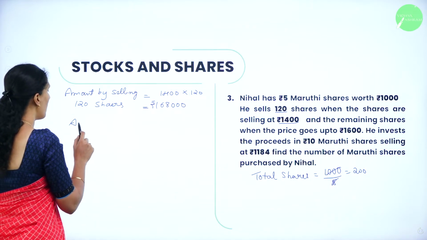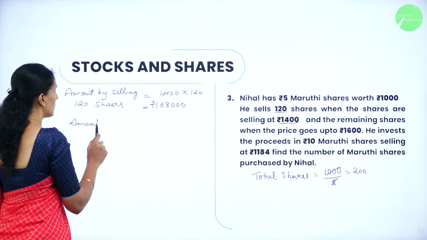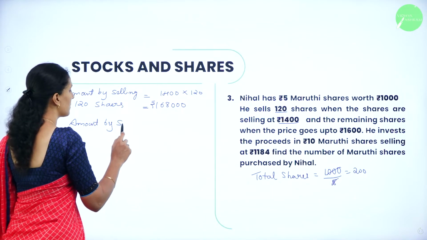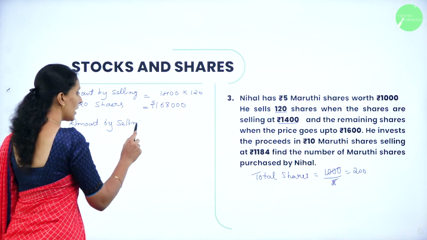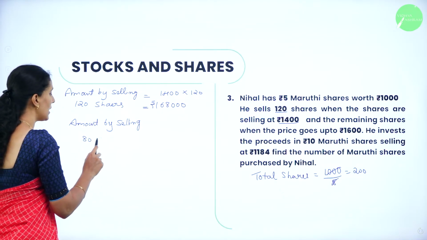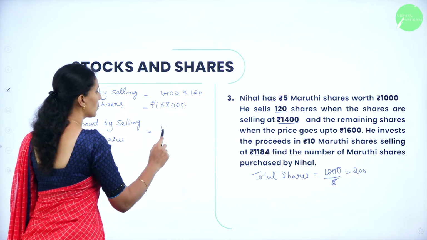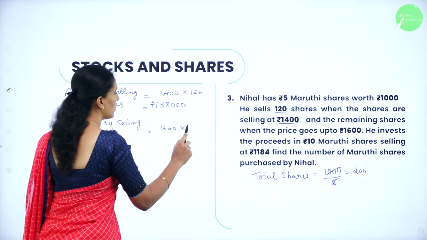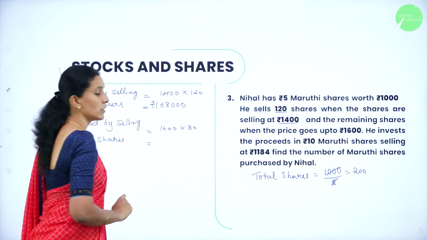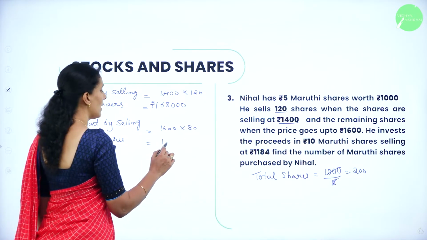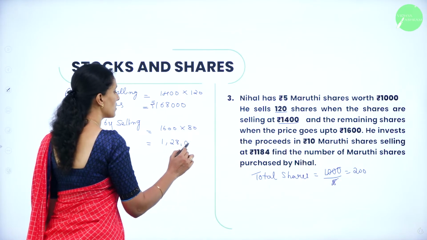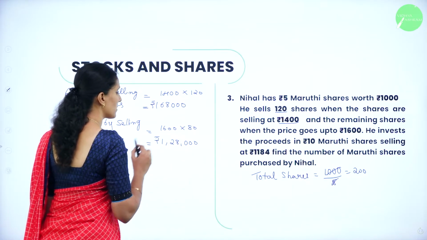So therefore, amount by selling remaining shares means it is 80 shares. That is equal to 1,600 into 80. So that will be equal to 1,28,000 in terms of rupees.